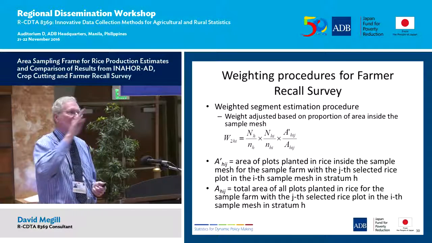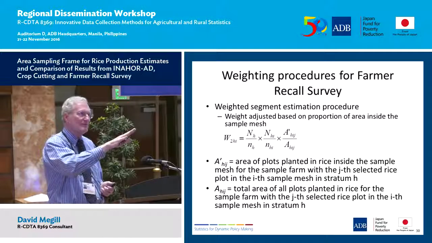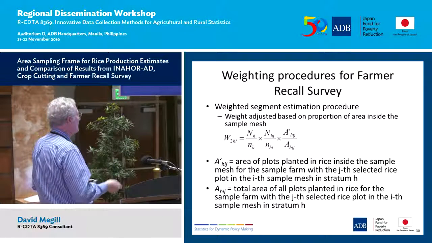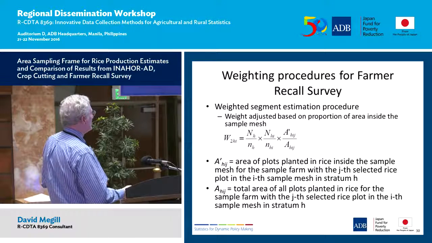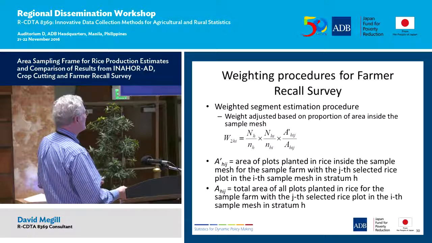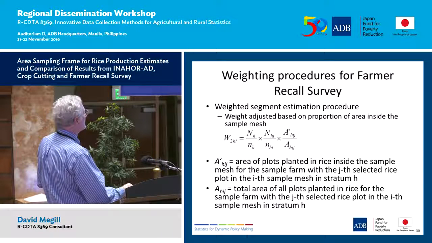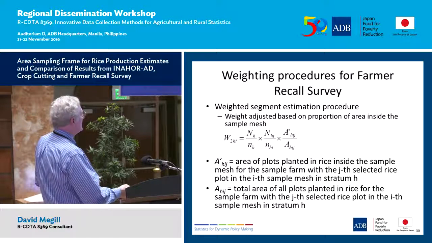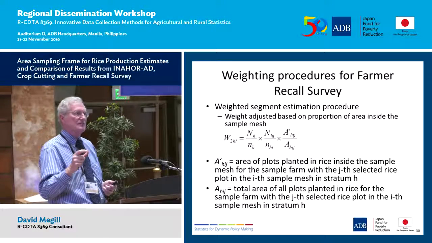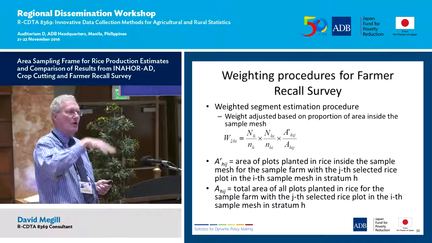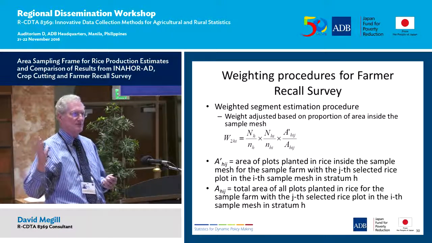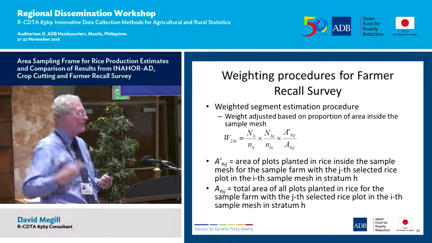So we have to find out what is the probability of the farmer being selected so that we can calculate the proper weight. So we have the first stage of selection of the mesh, the second stage, probability of selecting the subplot. But in this case, we're asking the farmer not only about the plots that partly fall inside the mesh, we're asking the farmer about all the rice plots, okay, about all of their plots.